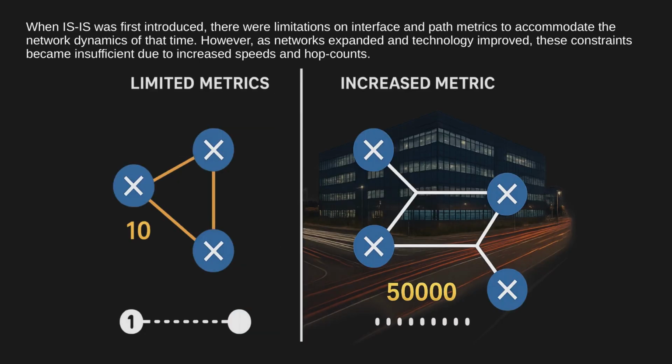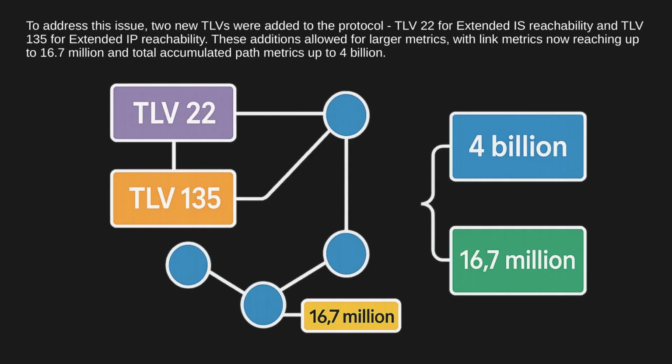When ISIS was first introduced, there were limitations on interface and path metrics to accommodate the network dynamics of that time. However, as networks expanded and technology improved, these constraints became insufficient due to increased speeds and hop counts. To address this issue, two new TLVs were added to the protocol: TLV 22 for extended IS reachability and TLV 135 for extended IP reachability.